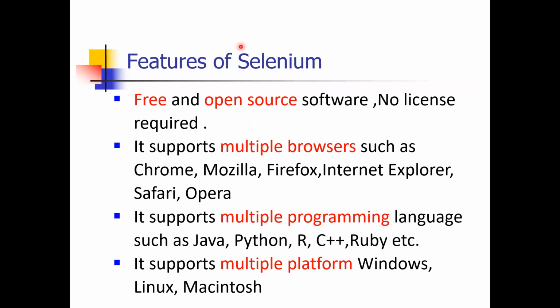This course is Selenium with Java, but there can be Selenium with Python, Selenium with C++, and so on. It also supports multiple platforms like Windows, Linux, Mac, and Excel.